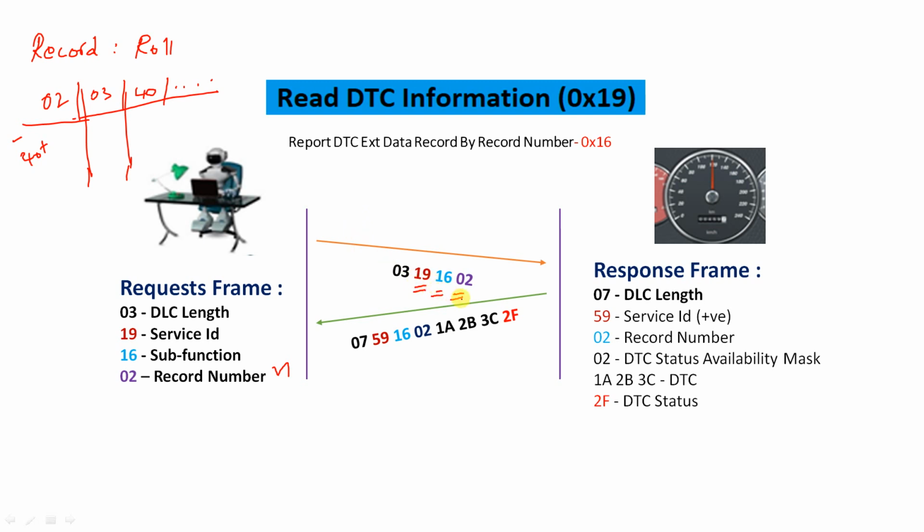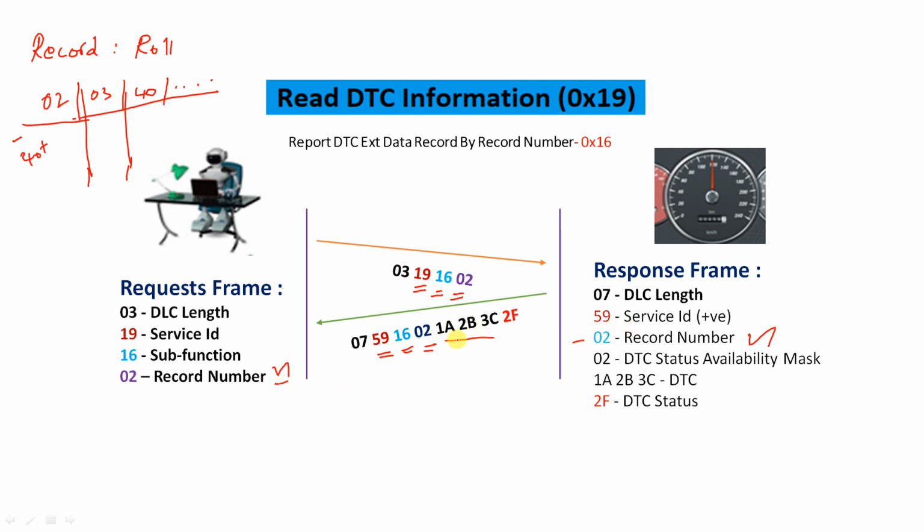Now you want to retrieve a particular record number and see what DTCs exist. For simplicity, I have used only one DTC. You can imagine only one DTC is present under this record number at the time you are requesting. Maybe you have 40 DTCs, but only one is active. As soon as you request, you get the response: 59 is the positive response for 19, and 16 is the subfunction. 02 is the record number that you requested.